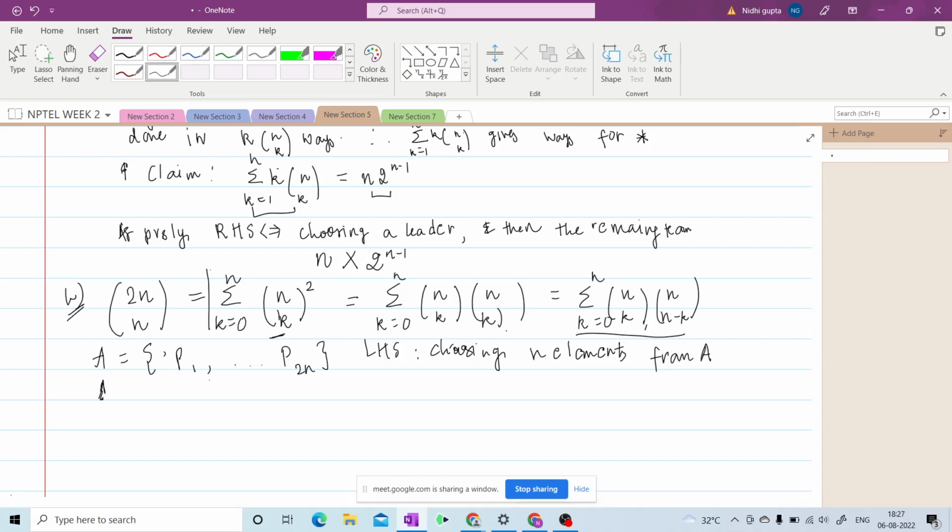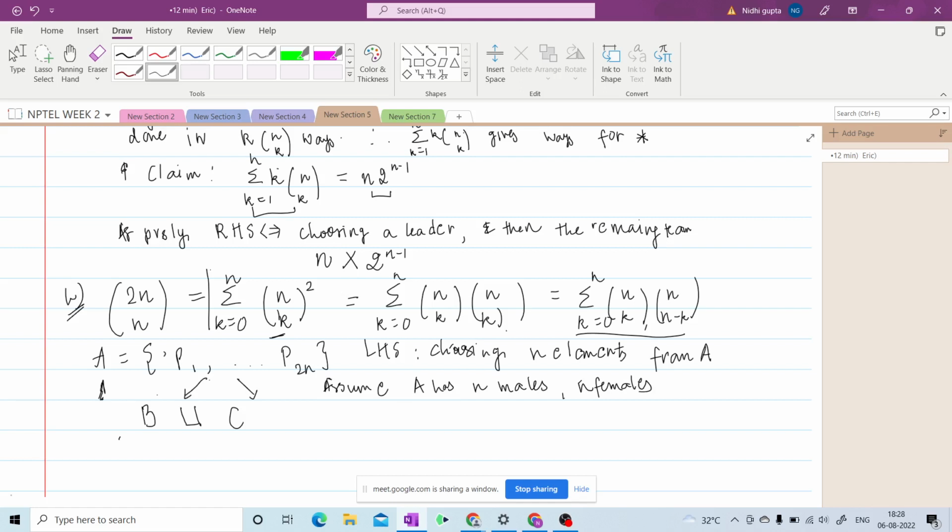I hope you're getting my point. Very nice. So what he is suggesting is, suppose we have this set A of people. Suppose this set has n females and n males. So basically we can partition this set into two parts, A is the disjoint union of B and C. Assume A has n males and n females.